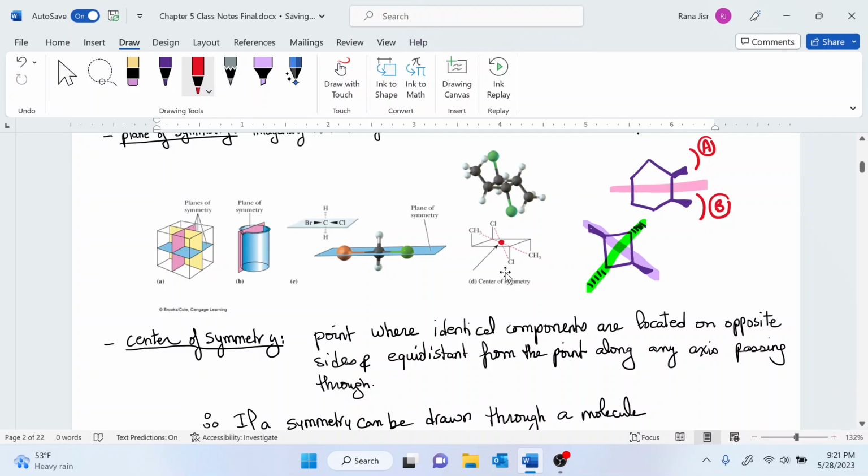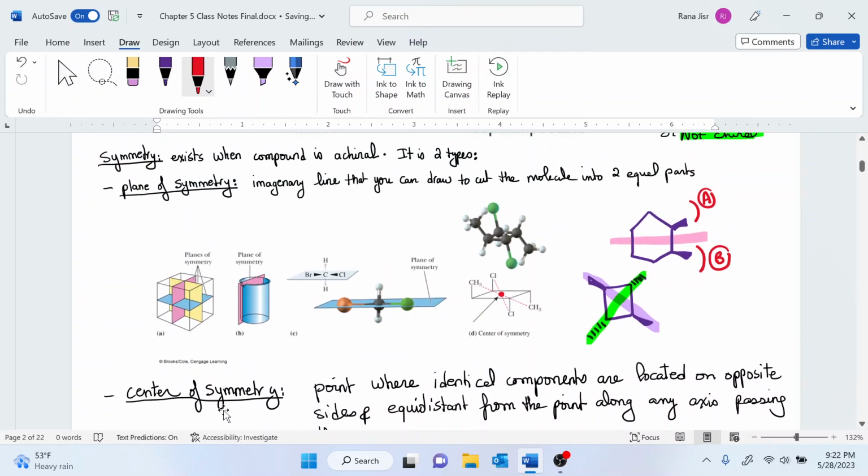It's the point where identical components are located at opposite sides, and they are at the same distance from the point along any axis that passes through. This is called a center of symmetry. So these two types of symmetries, whenever they are present, they are going to make the molecule an achiral molecule.